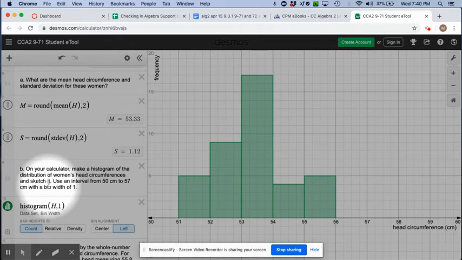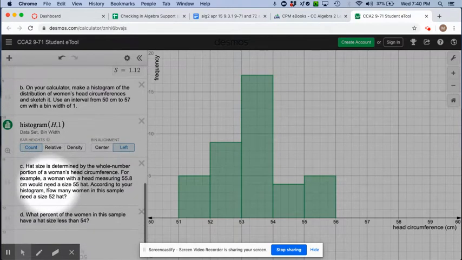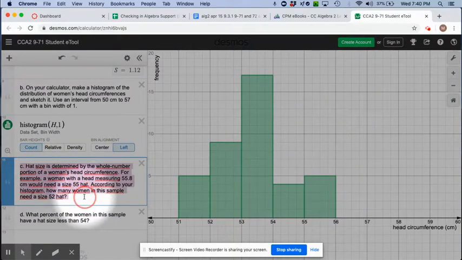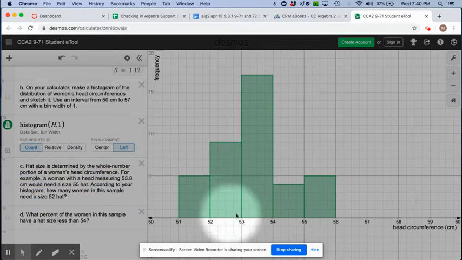And then you want to sketch it. So on your paper, you can make a sketch of it. So hat size is determined by the whole number portion of a woman's head circumference. For example, if you have a head measuring 55.8, you would need a size 55. So how many women in the sample need a size 52 hat? You want to look at the 52 bin, 52 to 53.